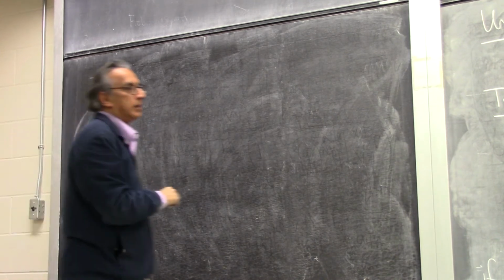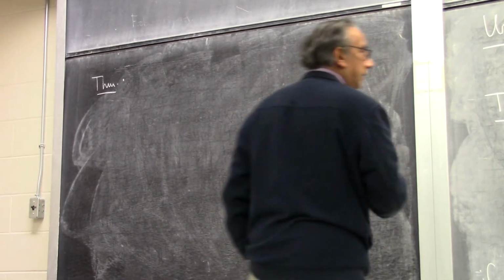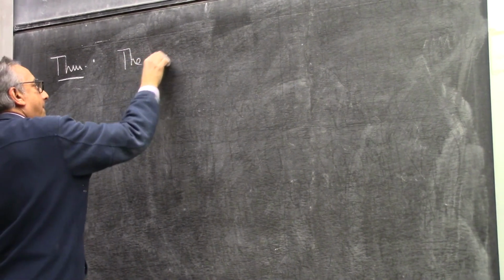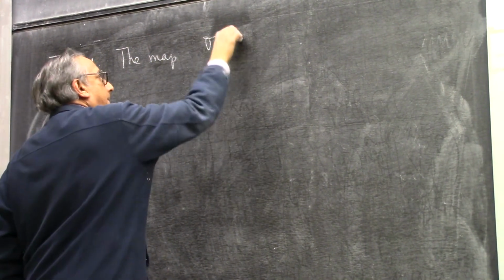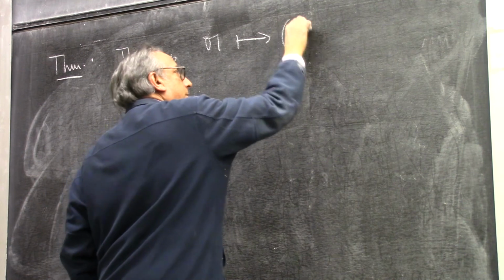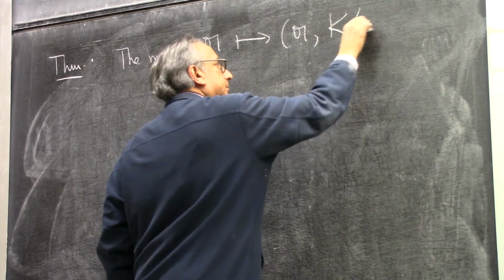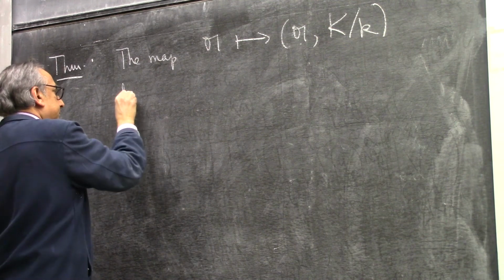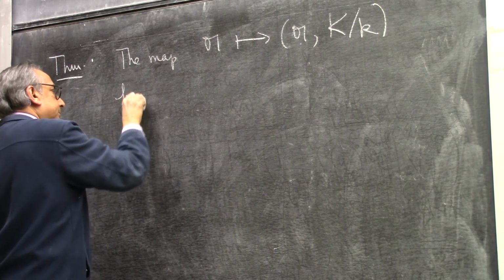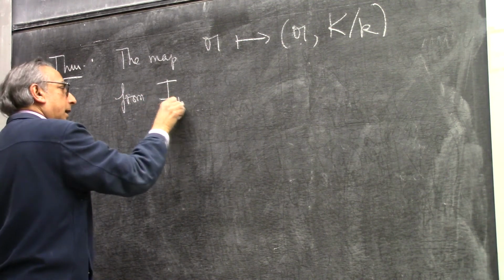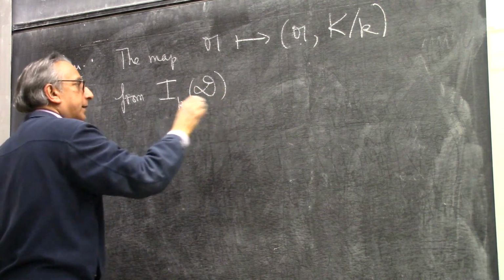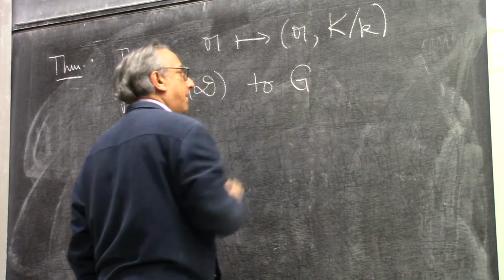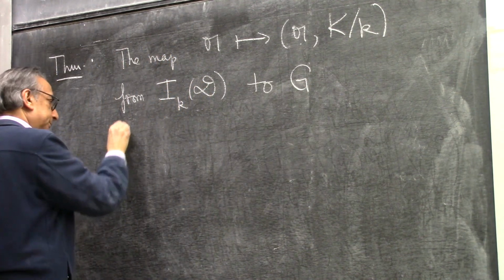This is often called the Artin map. Theorem: the Artin map to G is surjective.